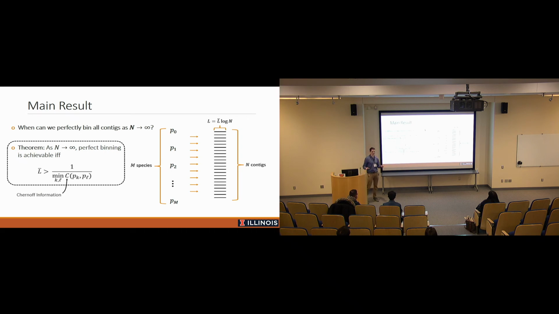This is a lot to process, but all this is saying is that this constant L bar, this threshold for when you can and can't perfectly bin, depends on the two closest species in TNF, in the four-letter distribution. I'm going to define what the Chernoff information is later, but for now, just think of it as a measure of how close species are.